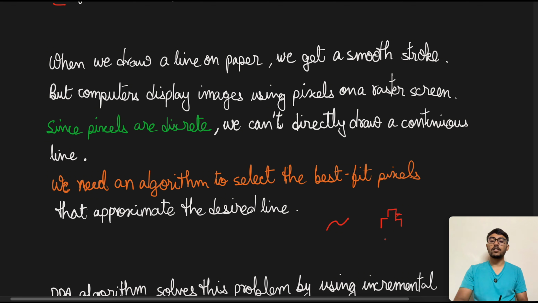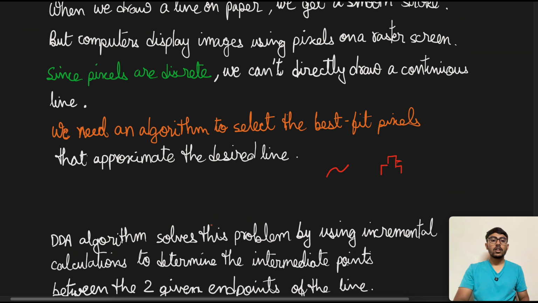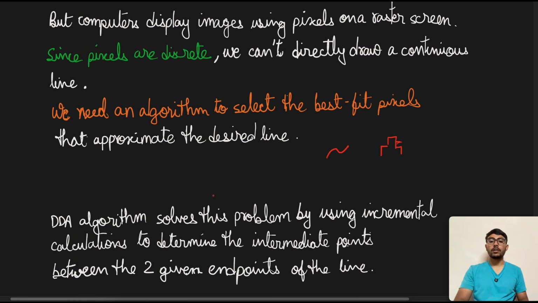So that is the problem with drawing a smooth curve, and we can see that we are using best fit pixels instead of just drawing it out. Okay. The DDA algorithm solves this problem by using incremental calculations to determine the intermediate points, as I said, between two given endpoints of that line, right? So every line is broken into mini segments, right? And those segments and their points are calculated via an incremental method.